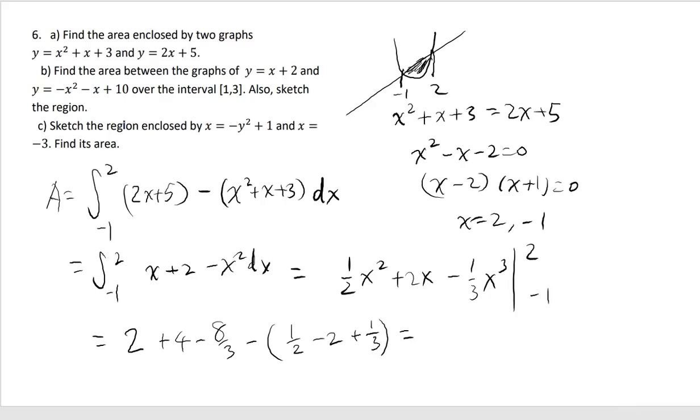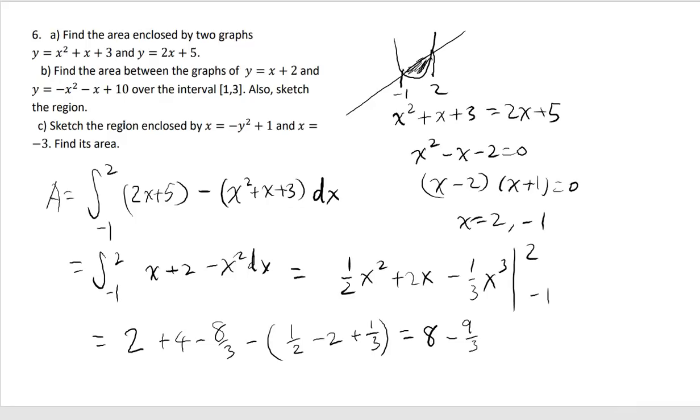And then let's add the integers first. 2 plus 4, minus negative 2, so that's plus 2. 2 plus 4 plus 2 gives you 8. And then I see a 1/3 and another 1/3, so let's add these two together. Because of this minus, it's really negative 8/3 minus 1/3, so it's negative 9/3.